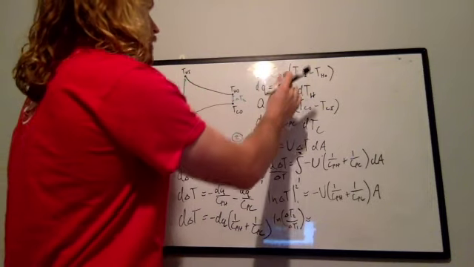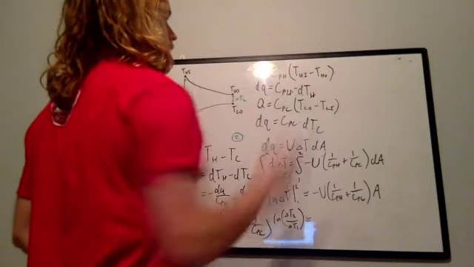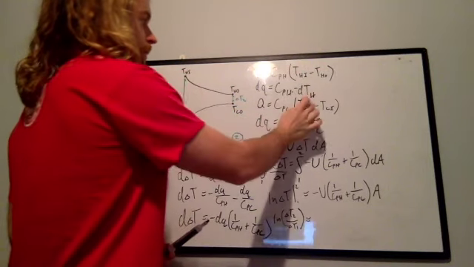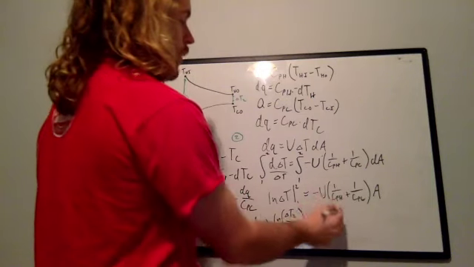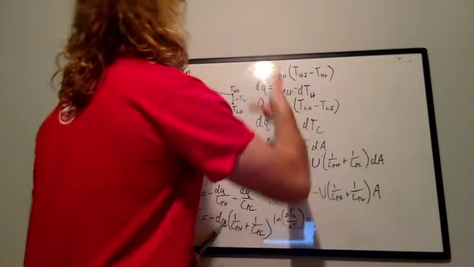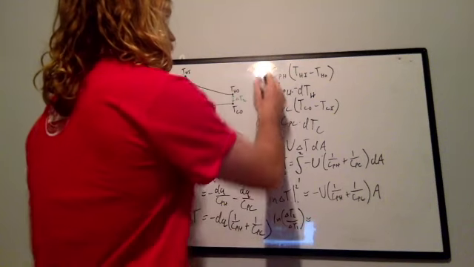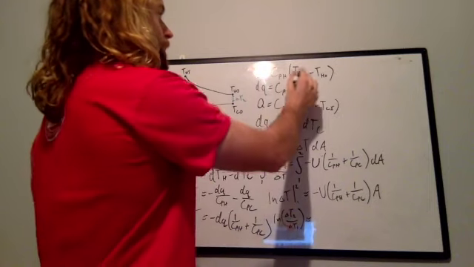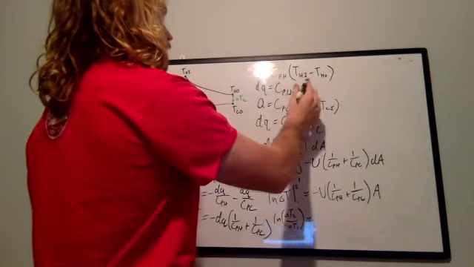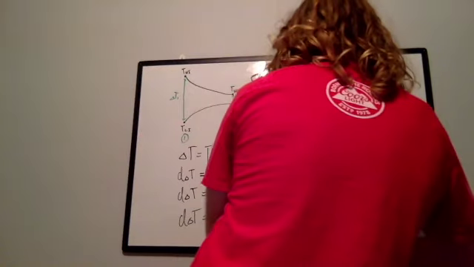So the CPH is going to be equal to Q over THI minus THO, and the same thing down here for our cold stream. But again, this is 1 over, so we can go ahead and flip that over and put that into our expression. So the Q over THI minus THO is going to become THI minus THO over Q, all right? So we'll go ahead and write that out.